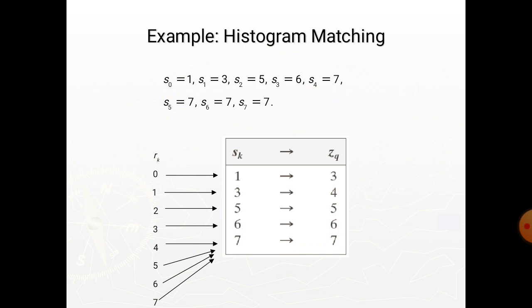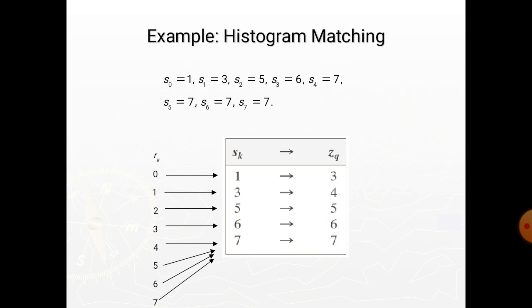So in the third step of the procedure, we find the smallest value of zq so that the value of G(zq) is the closest to sk. We do this for every value of sk to create the required mapping from s to z.